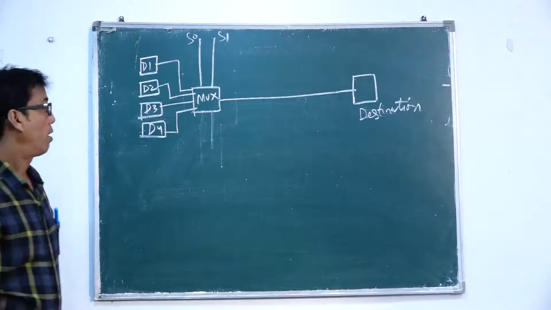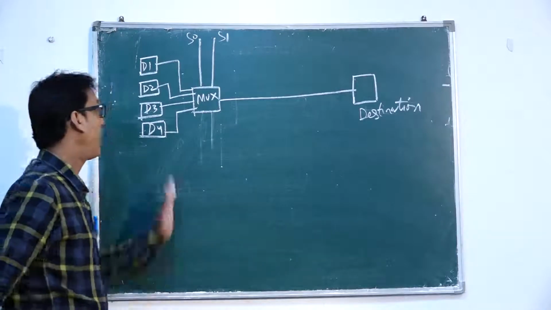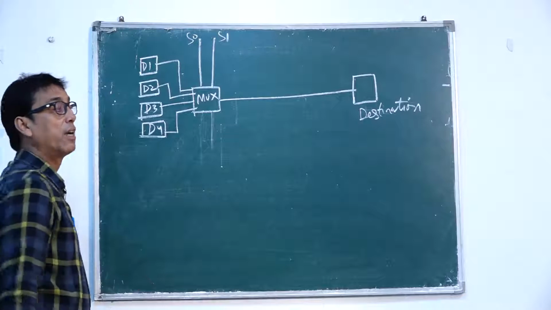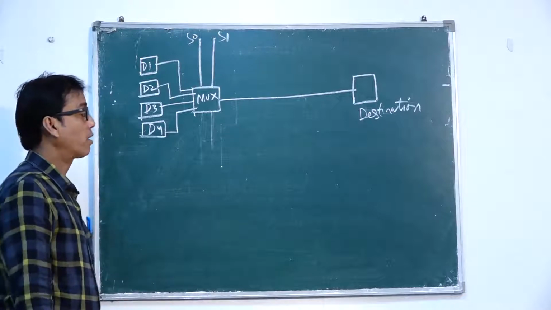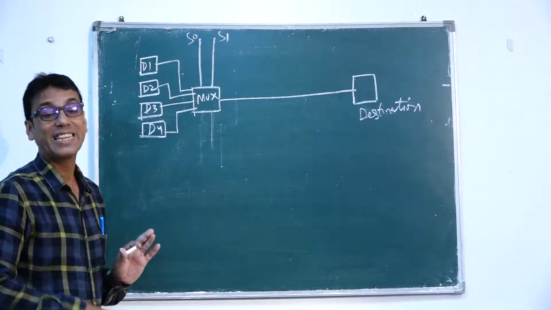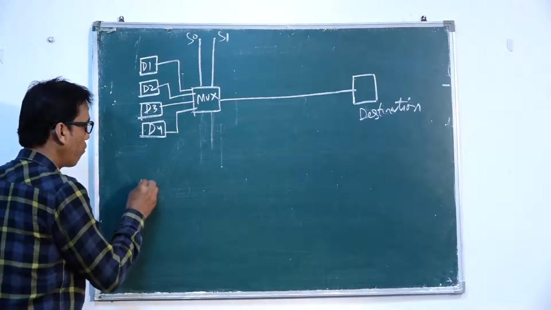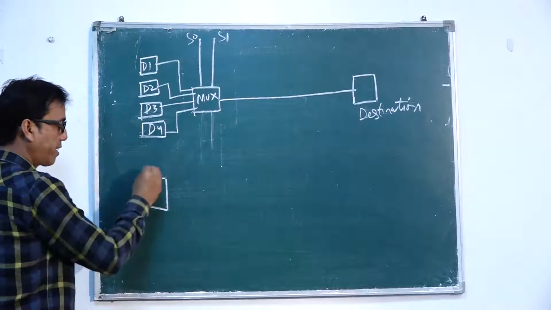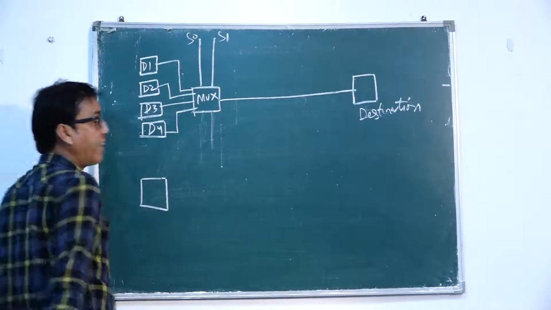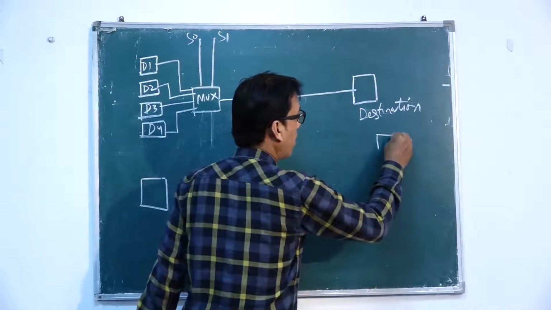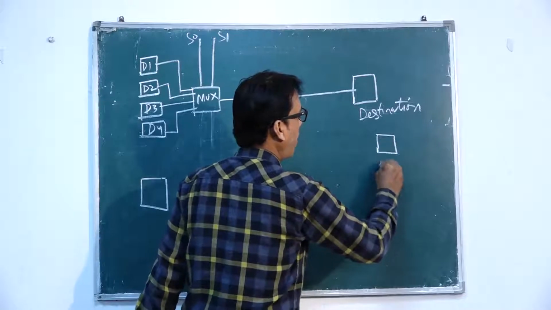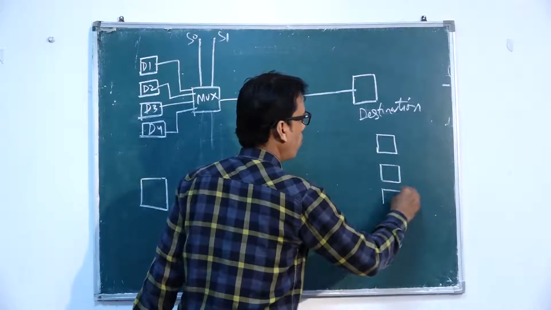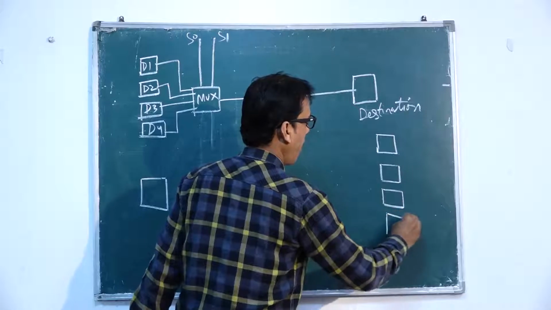Now change the situation. Suppose in the sending end there is only 1 device. This is the data sending device, and there are 4 devices, device 1, device 2, device 3, and device 4.